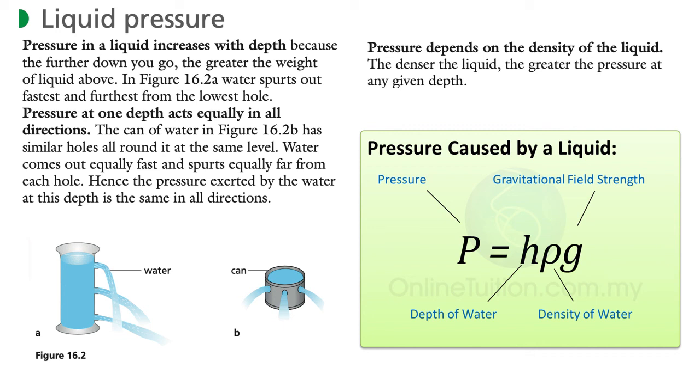So again, pressure is equal to depth, so it doesn't have to be water, right? It can be any other fluid, and remember, fluid is either a gas or a liquid. So it's the depth inside the fluid times the density of the fluid multiplied by gravitational field strength, which we know is 10 newtons per kilogram.